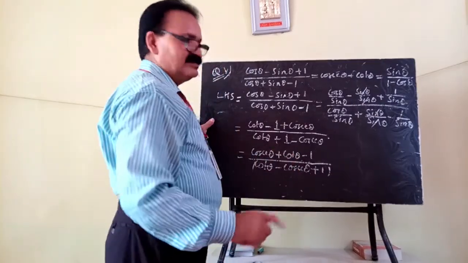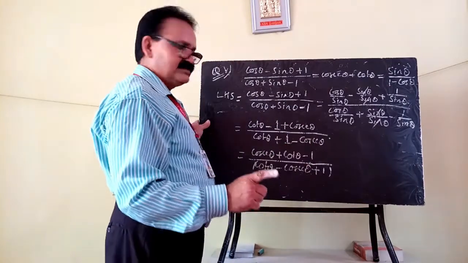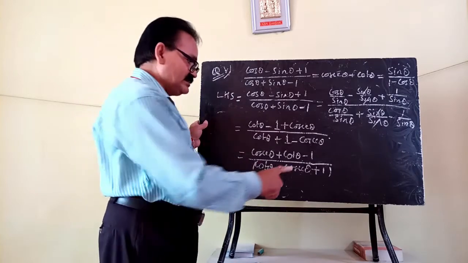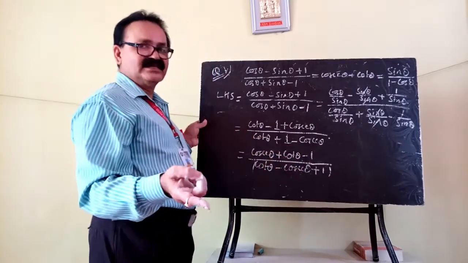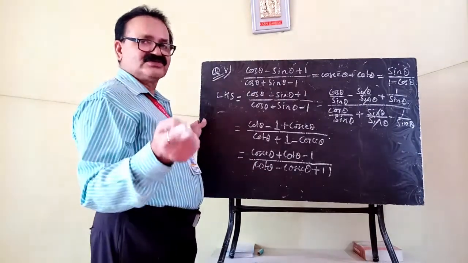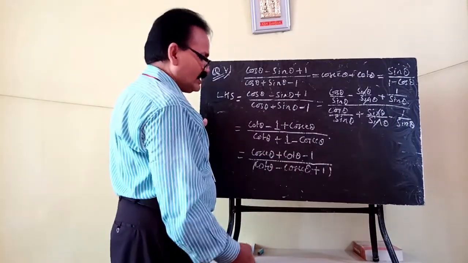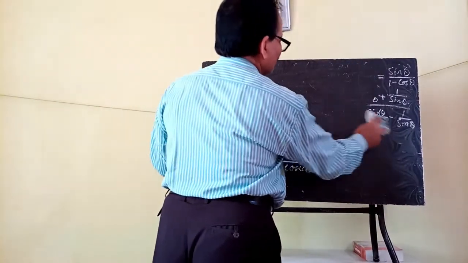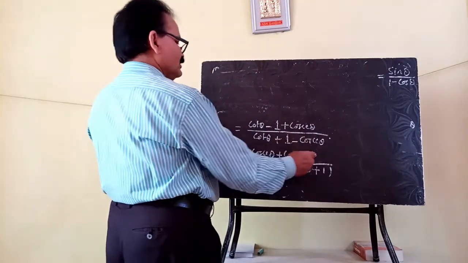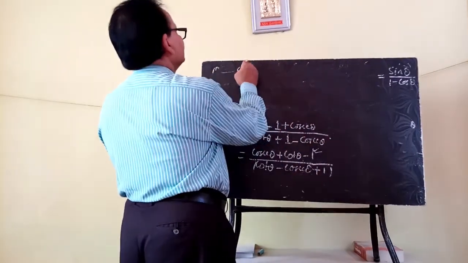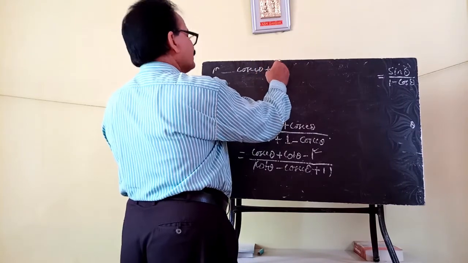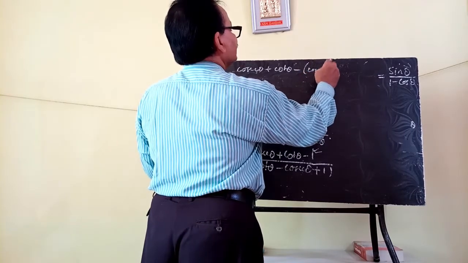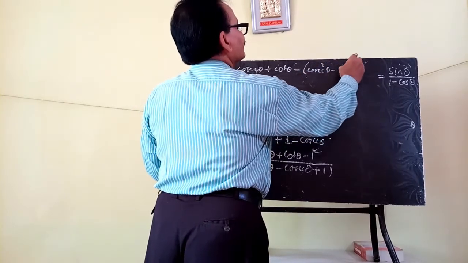Now, if you remember, while explaining the standard identities, sometimes instead of 1 you write the difference of two squares. So instead of 1, you can write cosec square theta minus cot square theta.